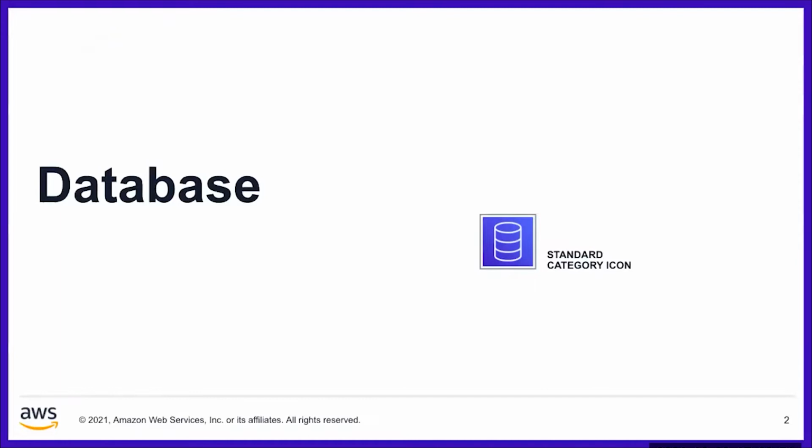So this is the standard icon for database services in AWS. Whenever you design any solution architecture, you can use this icon as a standardized icon to showcase that this is a database storage.